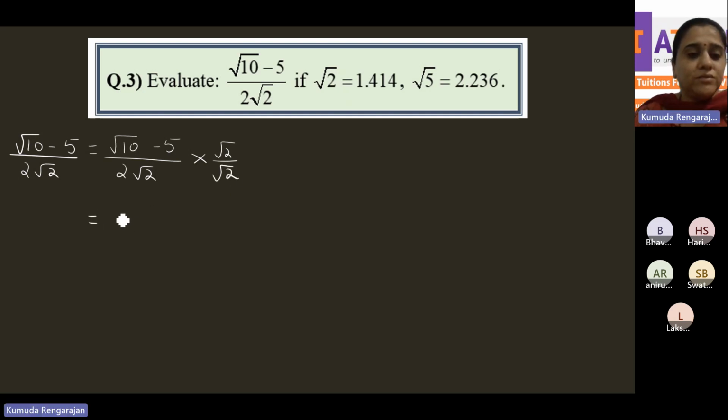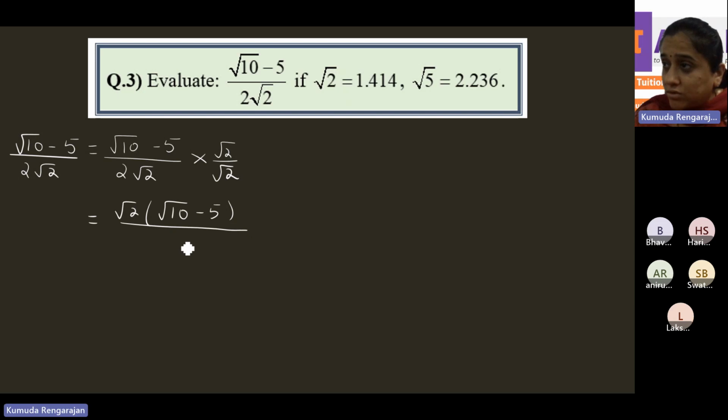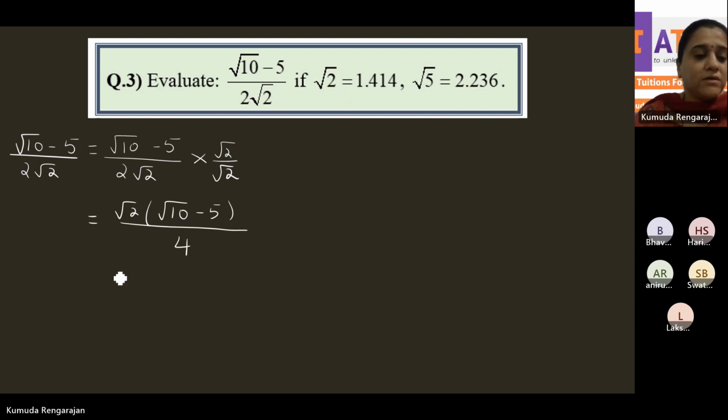Is equal to root 2 into, by 4. Now the denominator is rational. Now you can substitute the values if you want, correct? So root 20 minus 5 root 2 by 4.